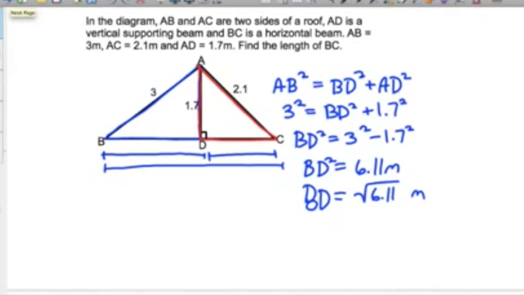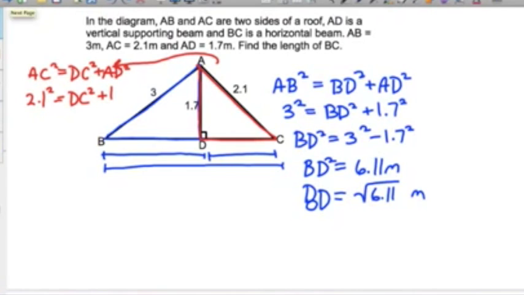So now what I'm going to do, if we follow along this way, I'm going to say AC squared equals DC squared plus AD squared. So 2.1 squared equals DC squared plus 1.7 squared.